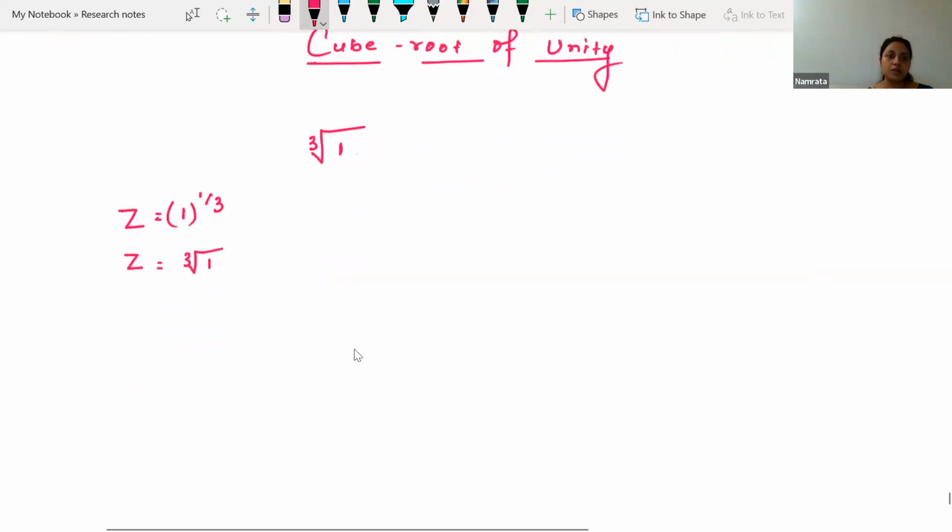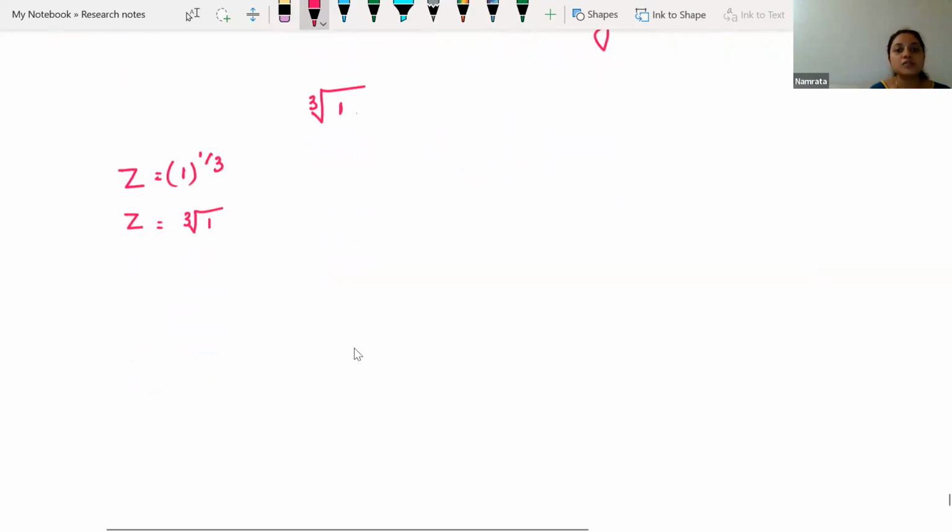So first we will be converting. Can you see 1 is also a complex number? You know that, right? We can write it in the form of a plus bi, in Cartesian form.